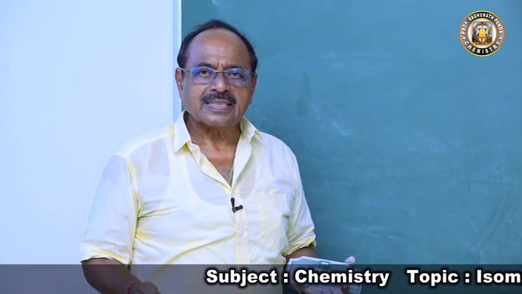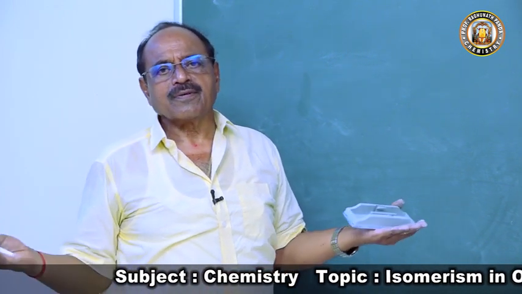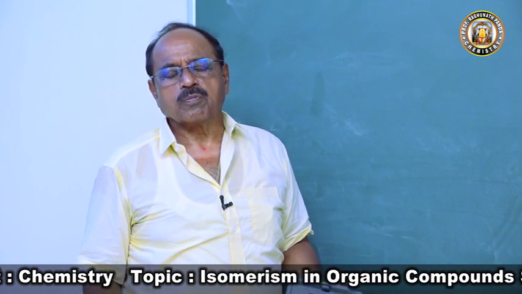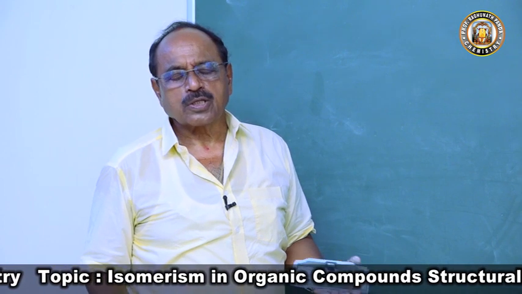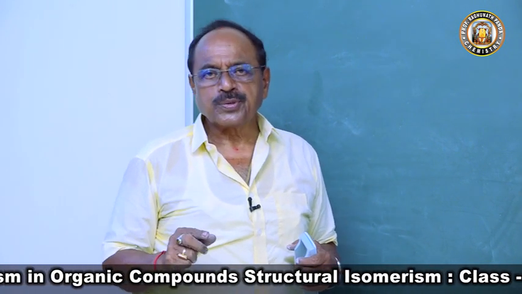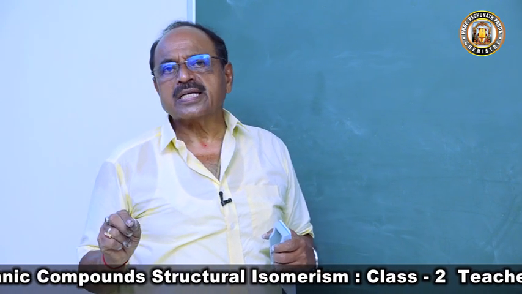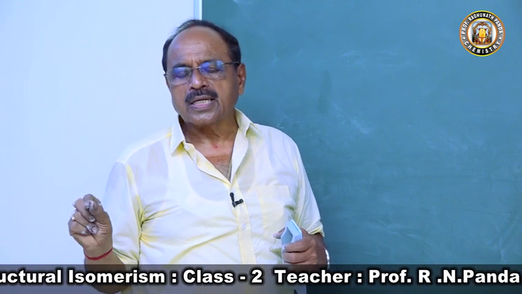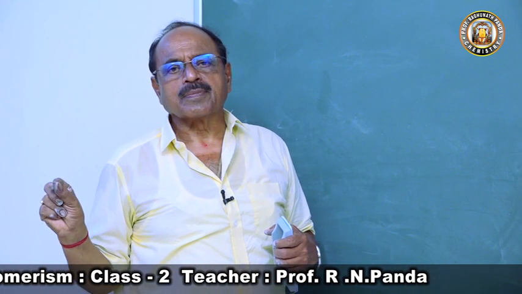Because if there is unsaturation also, they will have different structures, maybe different types of compounds, and you may have a functional group. So compounds having the same molecular formula but different structure due to different position of the functional group or unsaturation on the same carbon-carbon chain.